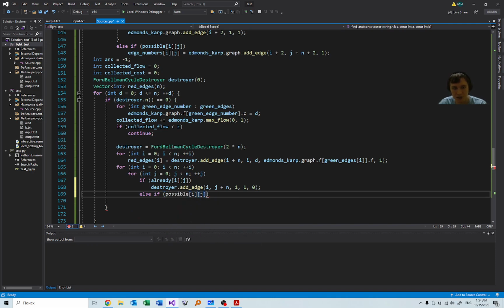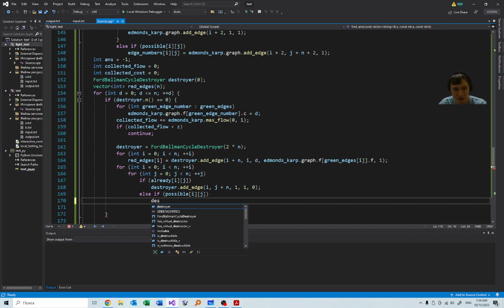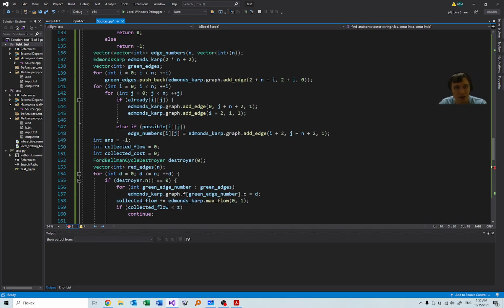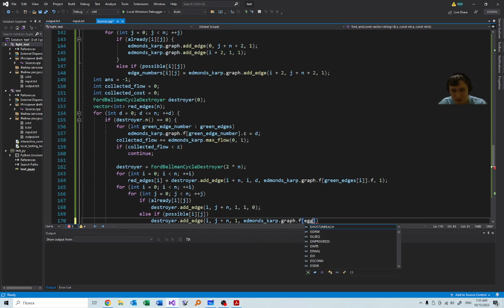Else if possible ij, then it is possibly in the flow or possibly not. So we need to check it. And for that, we look into our Edmonds-Karp. So capacity is still 1. We look into Edmonds-Karp dot graph dot f. Now we look into edge numbers of ij.